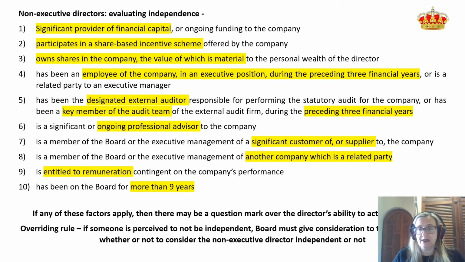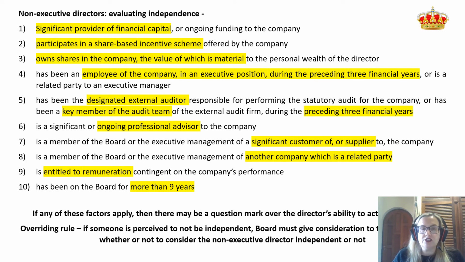Somehow magically, on 3 years plus 1 day, you can be considered independent. If you were previously the auditor of this company or a key member of the audit team, then again you cannot be considered independent for this magical 3-year period.